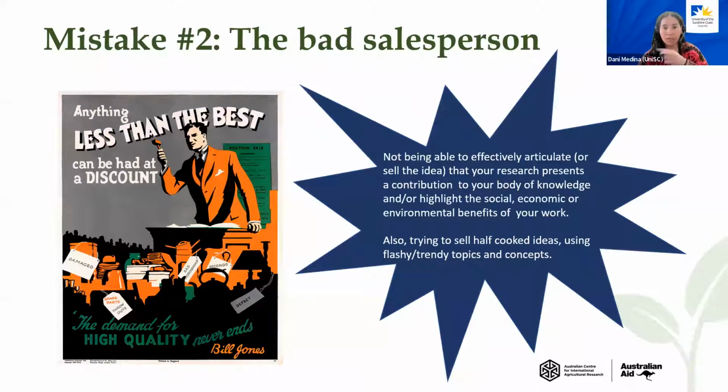Something to be really careful about is trying to avoid what I say in this example, which is selling half-cooked ideas using flashy trends, topics, or concepts. This is quite common in my own field of research, climate change. People like using big words like resilience thinking and social ecological systems and things like that.